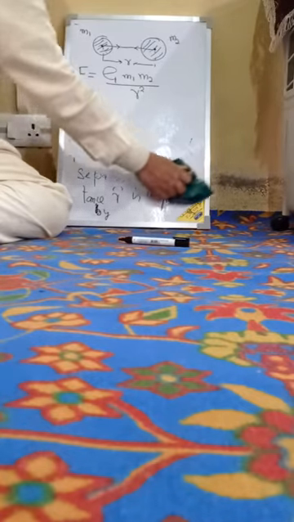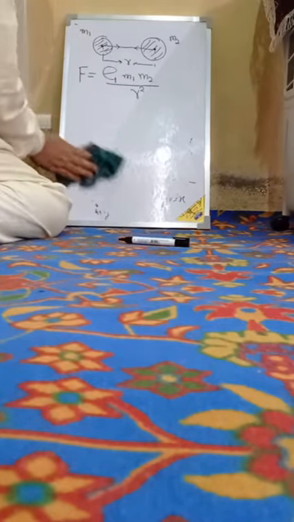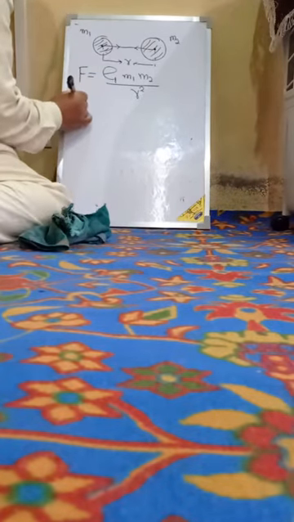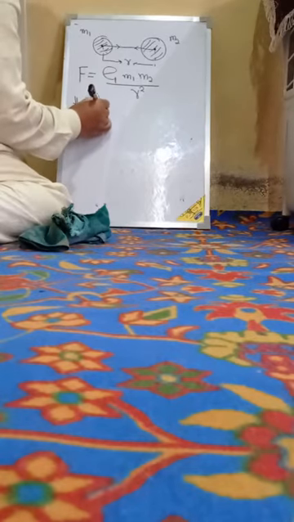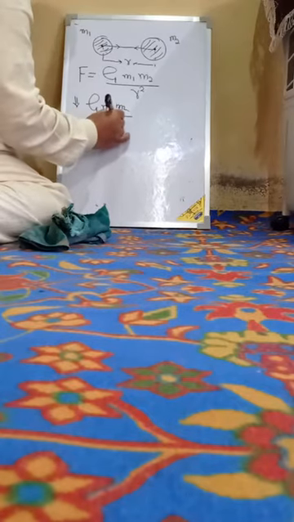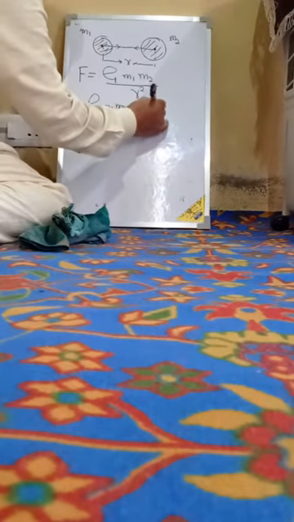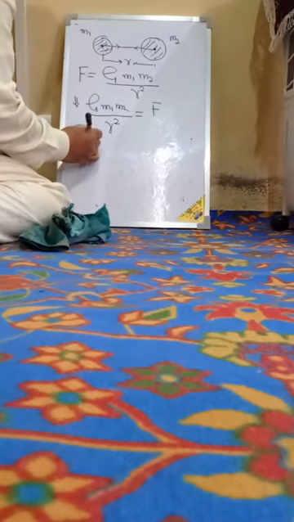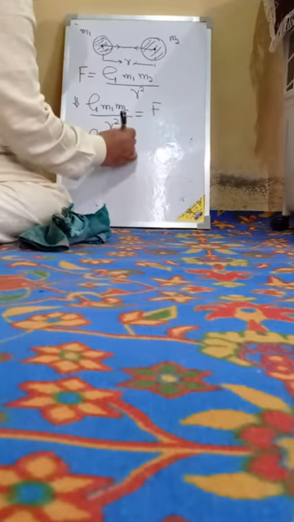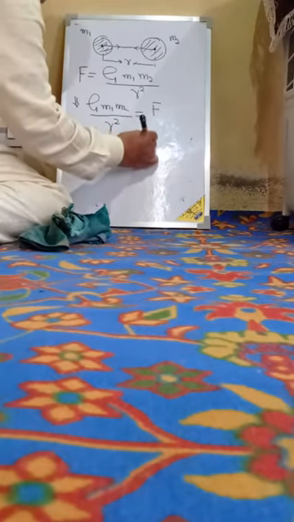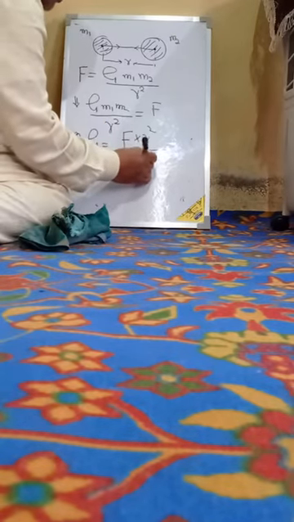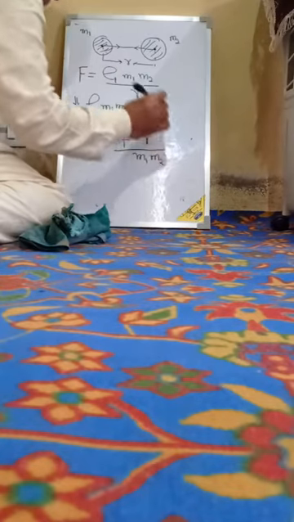We have to calculate the SI unit of G. From this expression, G m1 m2 upon r square is equal to F. Or I will say G is equal to, ये r square इसके साथ multiply होगा, it will be F into r square and upon जो m1 m2 है इसके साथ, this will be m1 into m2.